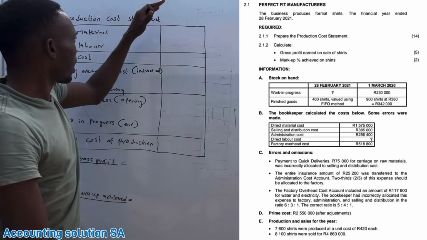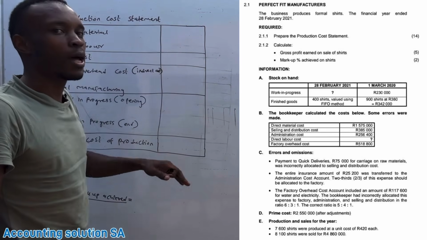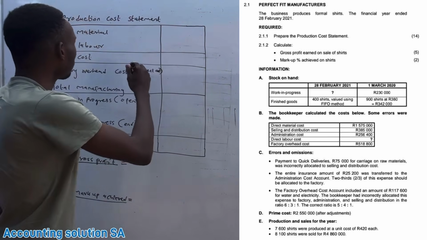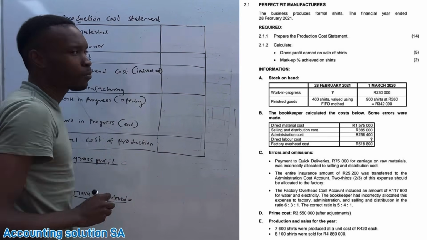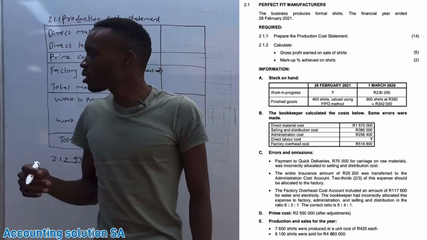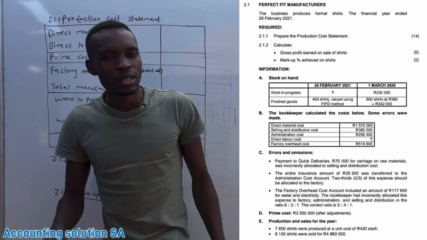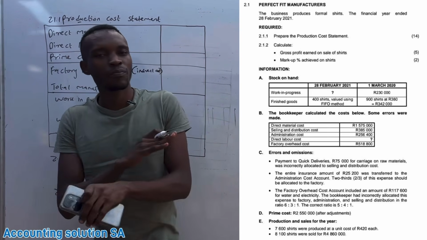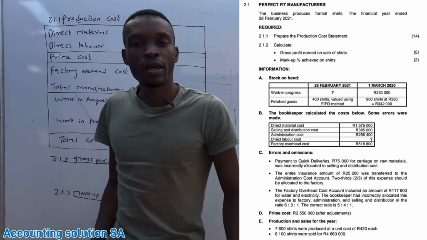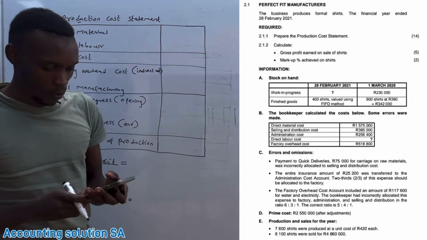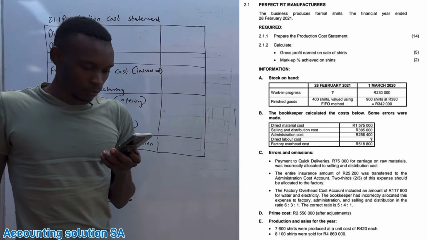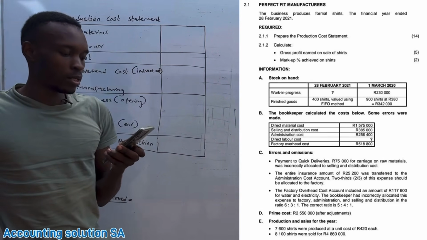It's very simple. Only allocate items that fall under production. All items that fall under production or manufacturing, just record them here. Administrative and selling and distribution, don't include any expense under this account. Okay, let's check. They give us stock on hand.